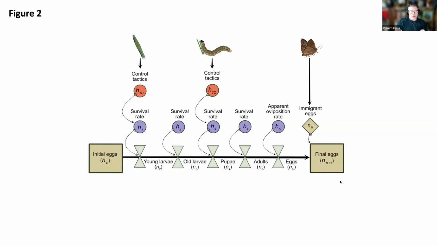Part of the reason this is a very simple model is that we were trying to stay focused on our question. We also didn't include what's often included in these, which is a function for density dependence, partly because these populations are so low that there is no competition when you're doing the management.